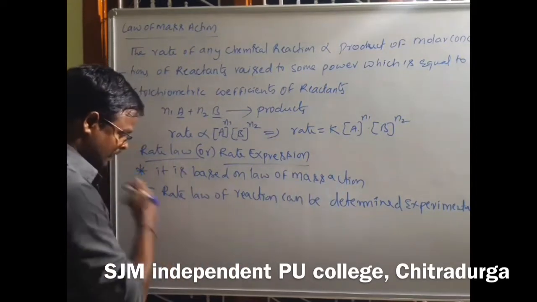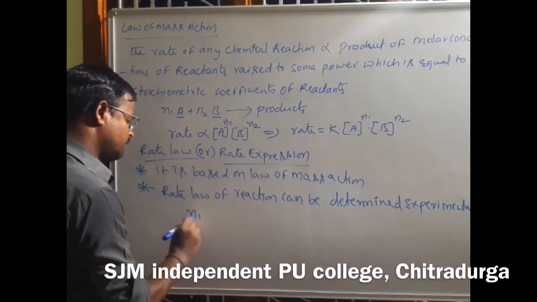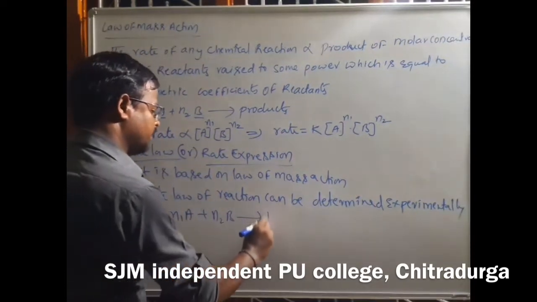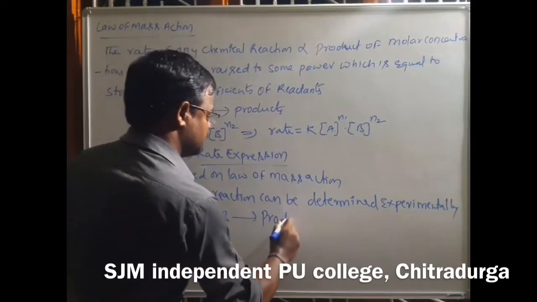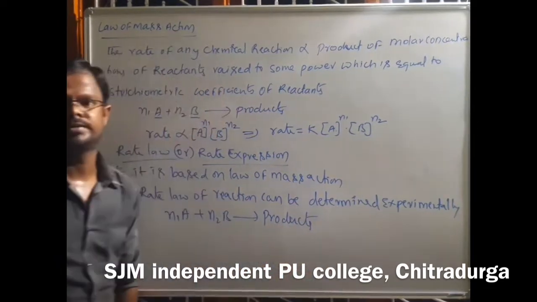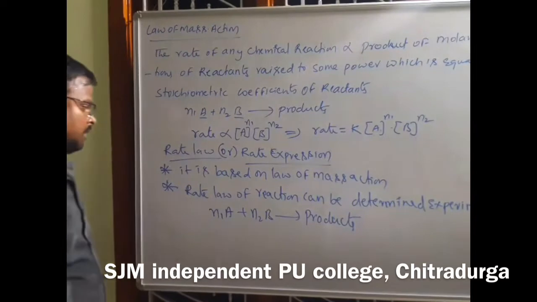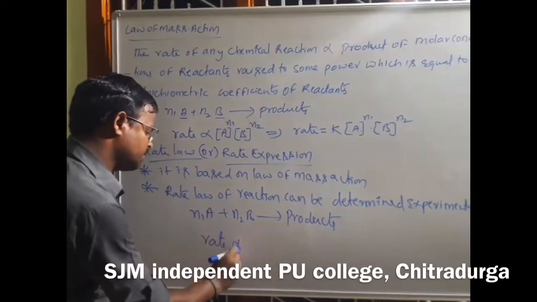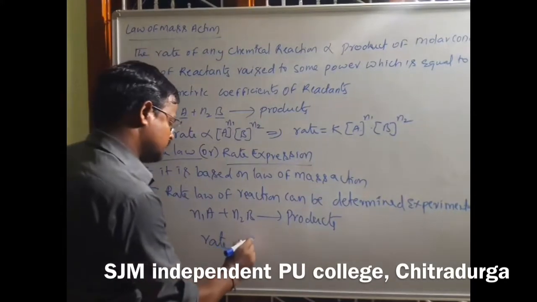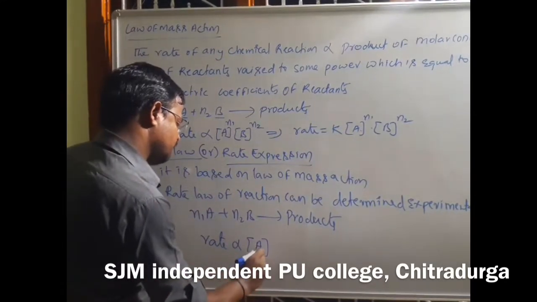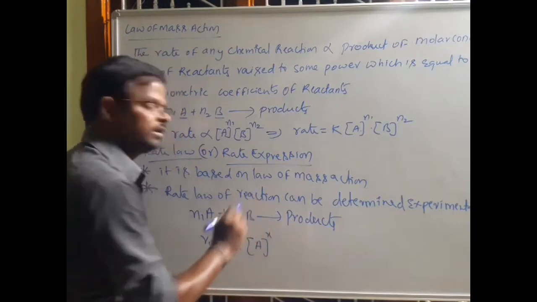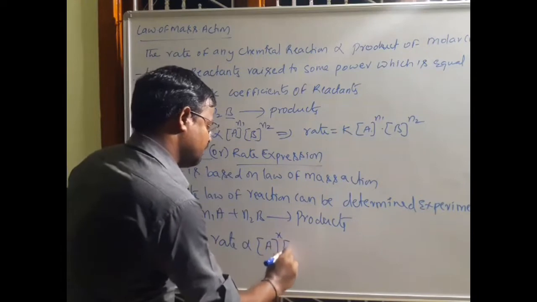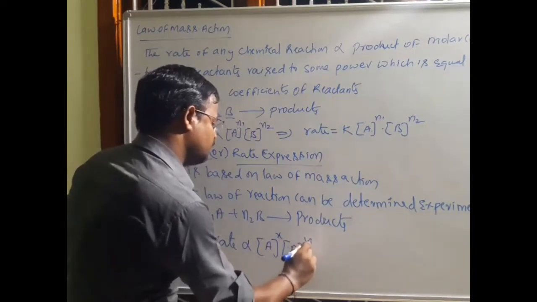Next, see, take one example. n1 moles of A reacts with n2 moles of B and gives products. Here its rate equation, rate law, is given as rate is directly proportional to the molar concentration of A power equal to some x, not equal to n1, and B power is equal to y.